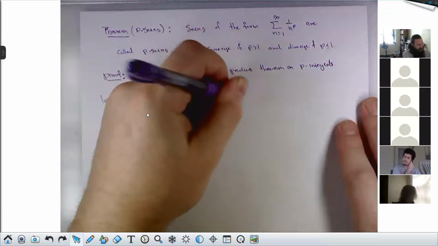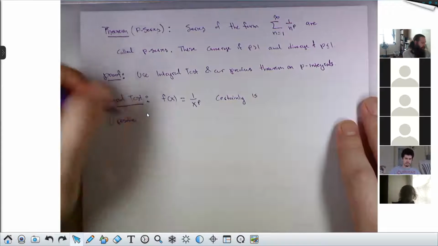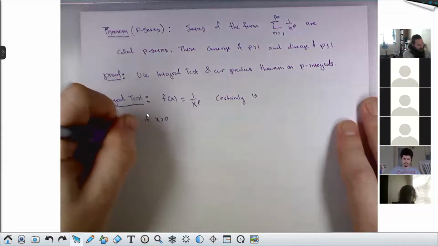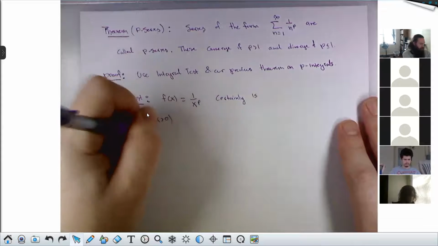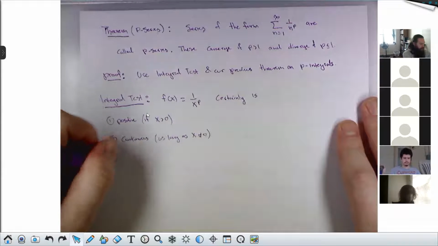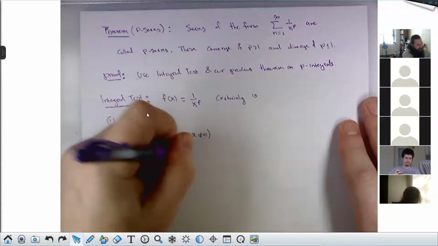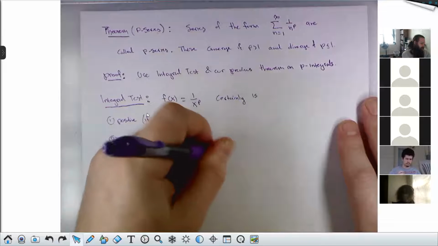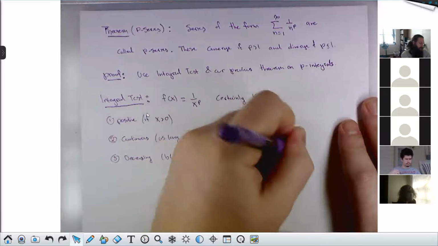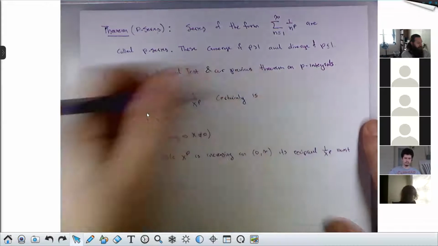This is certainly 1, positive, as long as x is positive; 2, continuous, as long as x is non-zero; and 3, decreasing, because x to the p is increasing on the interval 0 to infinity, so its reciprocal 1 over x to the p must be decreasing.